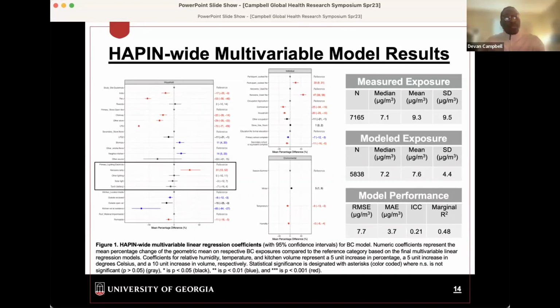Participants using kerosene lamps as their primary lighting source have elevated exposures in comparison to those that use electricity. And participants that actually cooked during the sampling period had 20% higher exposures than those that did not cook. Those that used kerosene during that 24-hour period of sampling had 47% higher exposures than those that did not use kerosene during the sampling period.